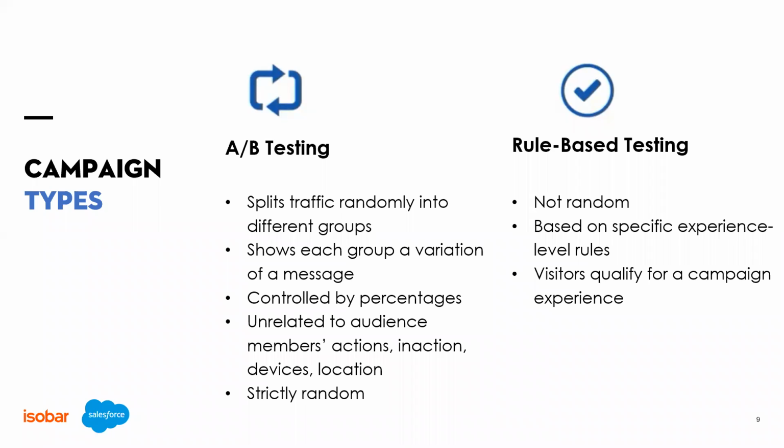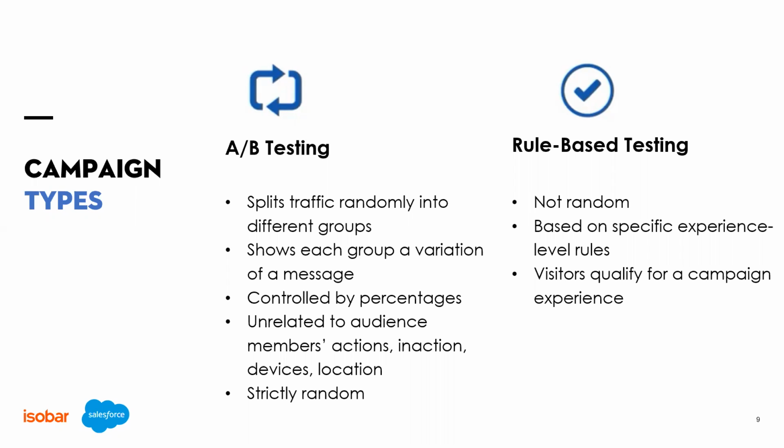It's called A/B testing. You can make A/B/N testing, so you can make a selection of different sets of groups, and you divide these groups by percentages. So this campaign type will be controlled by percentages. It's unrelated to audience members' actions, devices and locations.